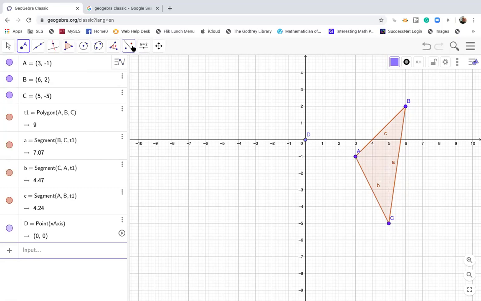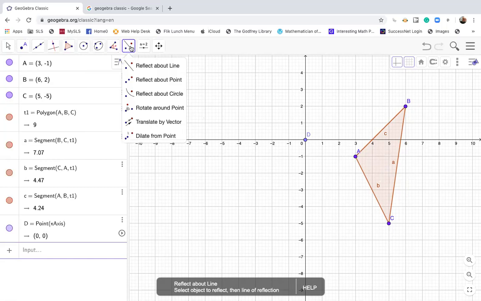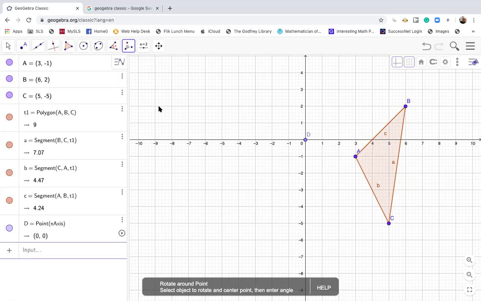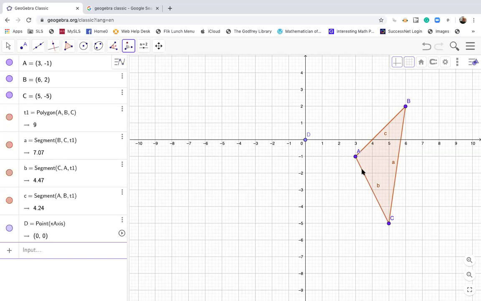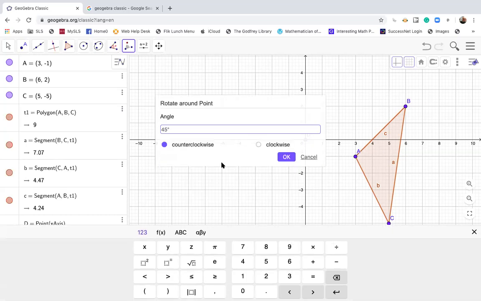Rotations are under the same tool as the reflections were. So I click here and it says rotate around a point. So I click that. Now you might see on the bottom it says select the object to rotate and the center point and then the angle. So first I click on the triangle and then I click on the point that I made at the origin.